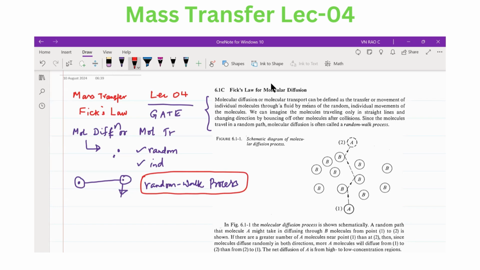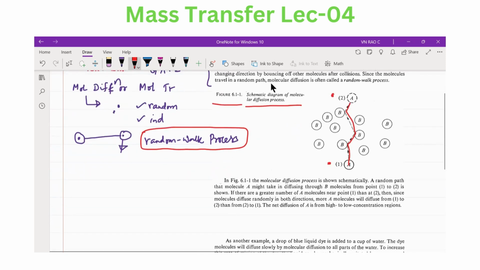Now, observe the schematic diagram of the molecular diffusion process, which is shown in figure 6 here. The molecule A is traveling like this, and then it is hitting B, again B, again B, and again A. So it is from point 1 to point 2. There is a diffusion, right?